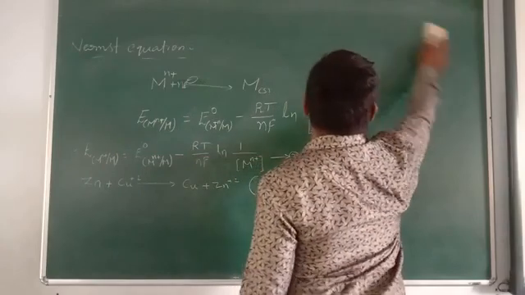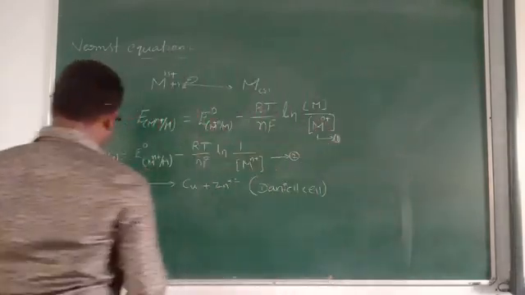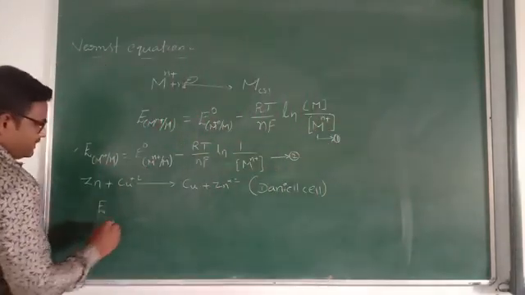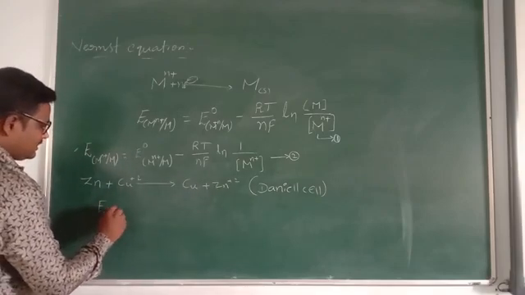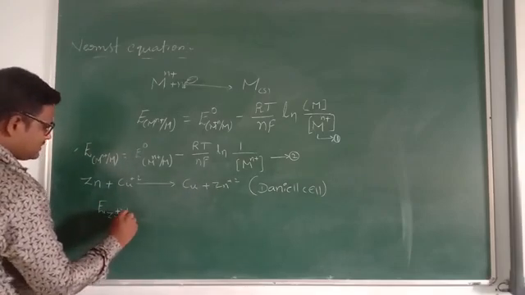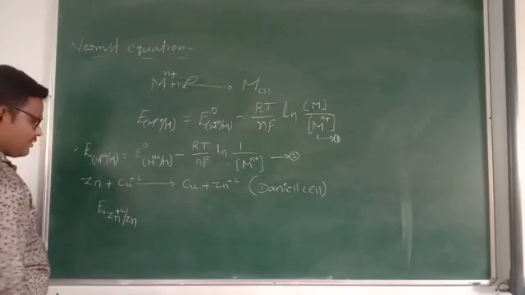If we take the zinc electrode first, we write zinc ion concentration slash Zn.